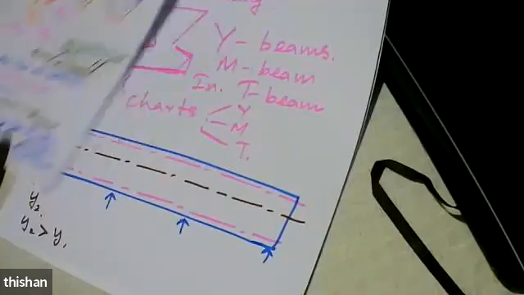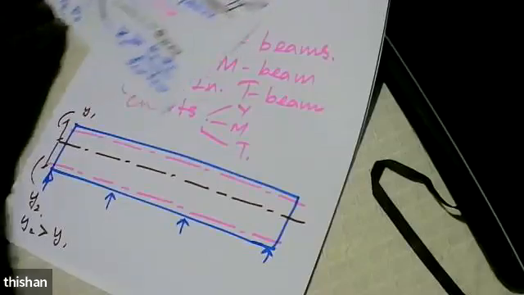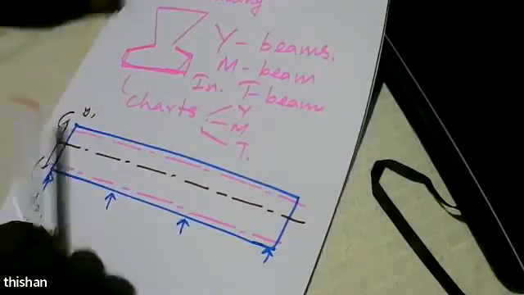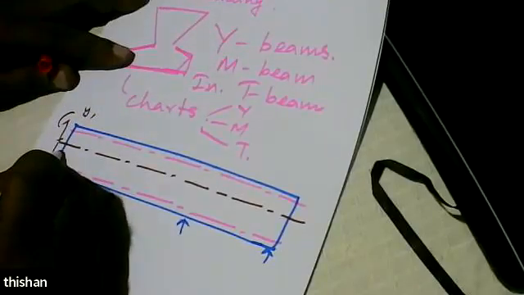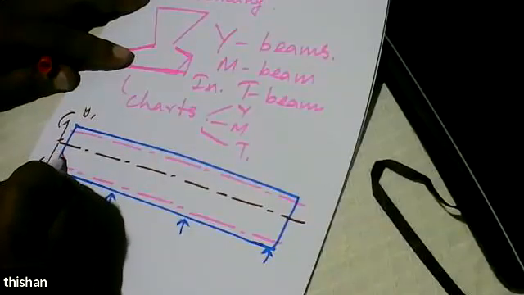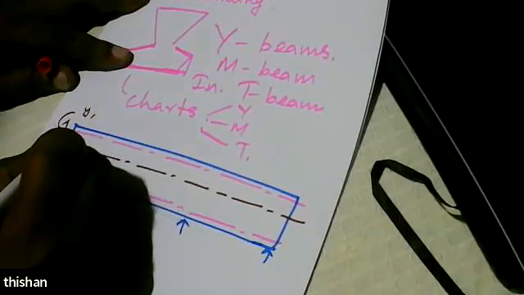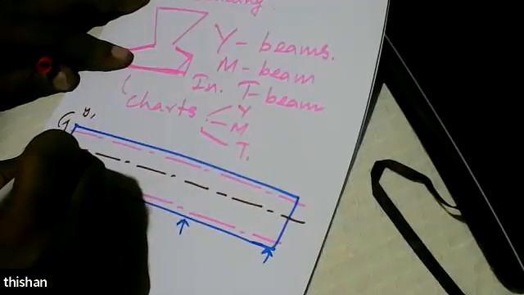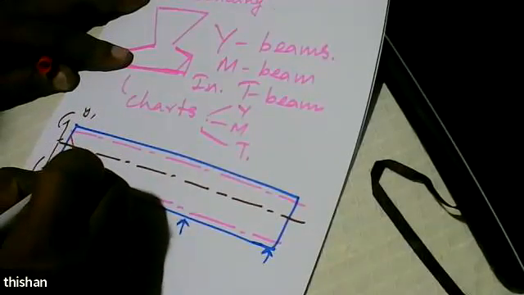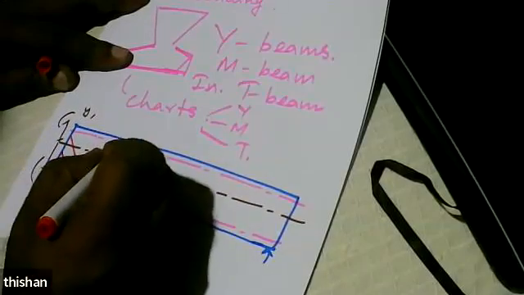So when you do all this, you select a pre-stress force which is large enough so that you will get a region like this.